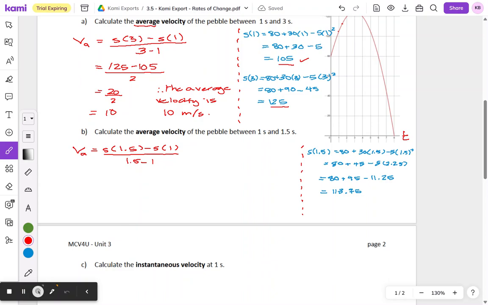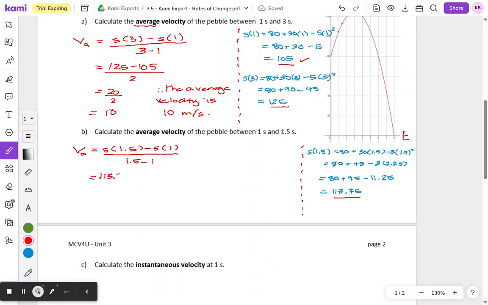Okay, I'm back again. So I've just calculated by plugging in 1.5. So we know the distance off the ground at 1.5 seconds. So that's 113.75, and we have our 1 second value right up here, 105. Okay, so I'm just gonna plug this in. I know you guys are already ahead of me on this.